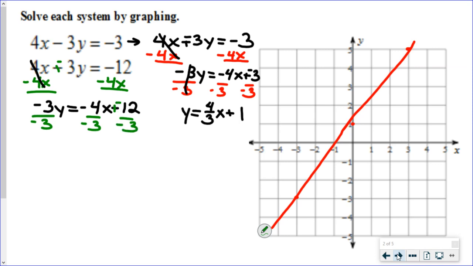I'm going to do that because when I divide by a negative, I don't want to lose a sign somewhere. Again, we have a negative over negative, which reduces to a positive, and the same thing here. So when I plot my second line, I started up 4, and then I want to rise 4, run 3, but I can't go up 4, so I have to go negative, negative.